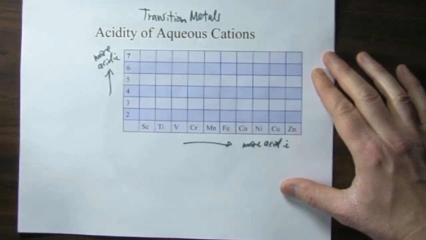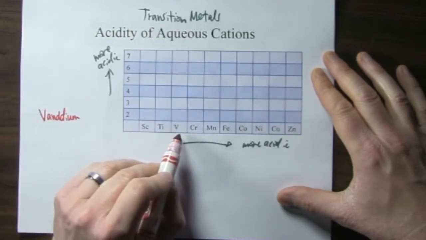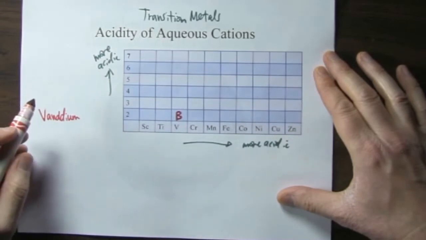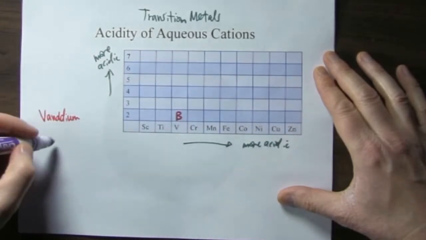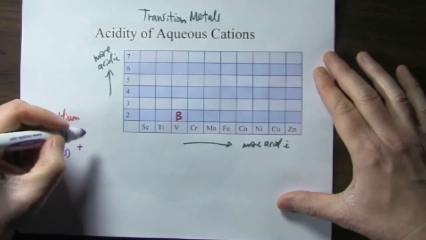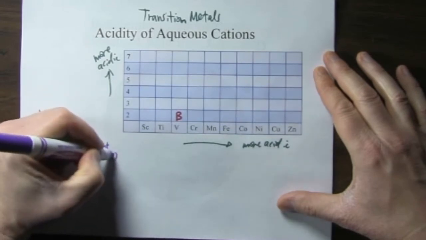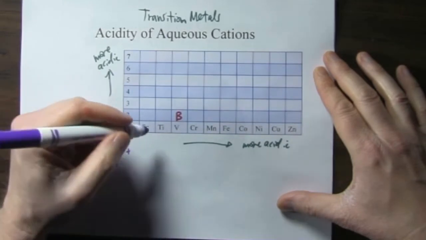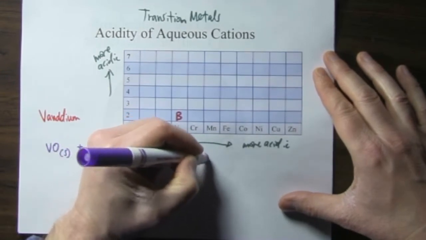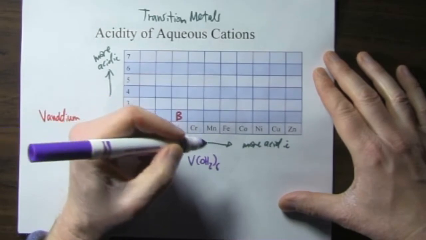So for example, let's consider vanadium. Right here, the vanadium oxide is basic, because if we react vanadium oxide with acidic water, it will form the compound vanadium with 6 hydrated waters around it.